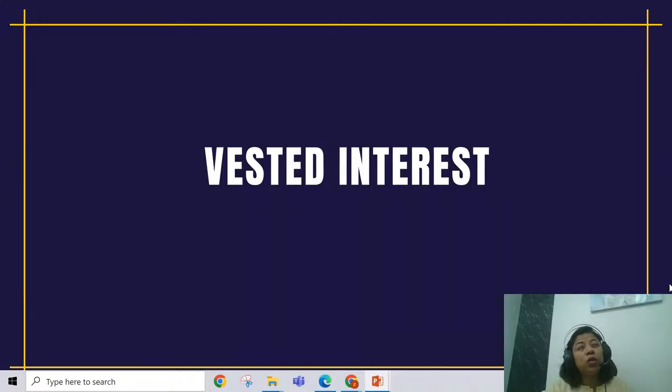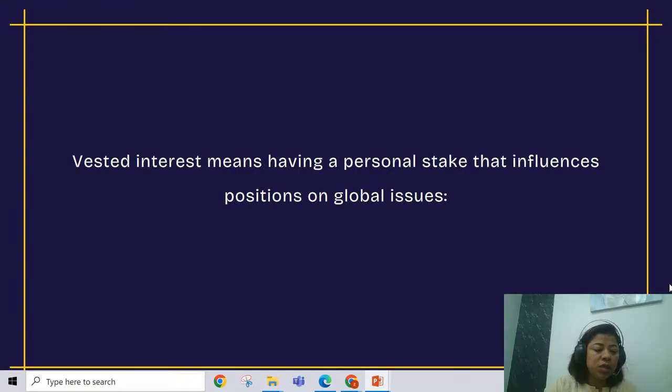Or I would say in the answer script or mark scheme, you will see these words. See this word: vested interest. It means having a personal stake that influences positions on a global issue. Vested interest means I am trying to convince you of something because I have personal gains out of it also.